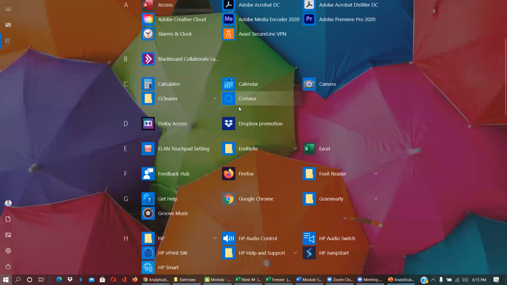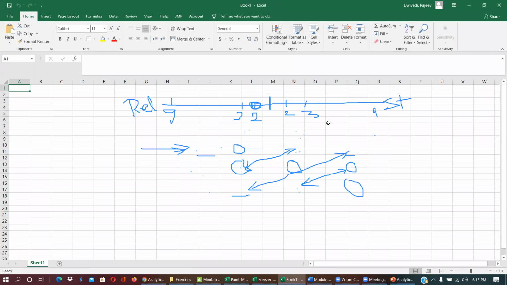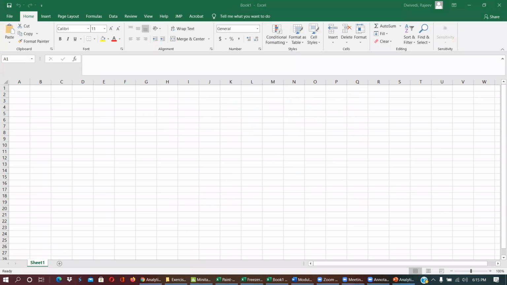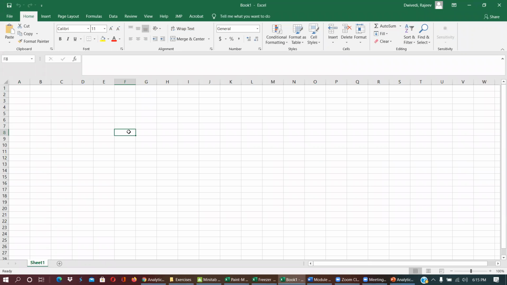If this is clear, style, reliability, fuel economy.